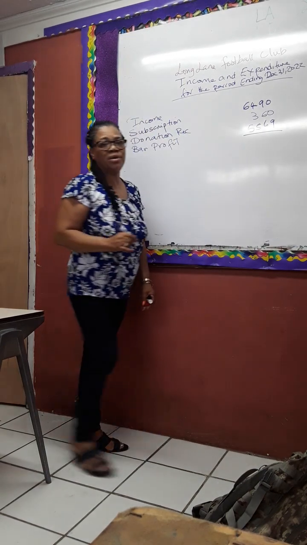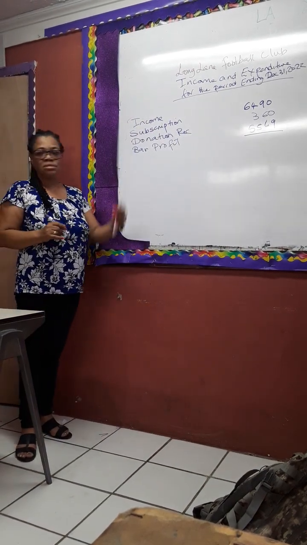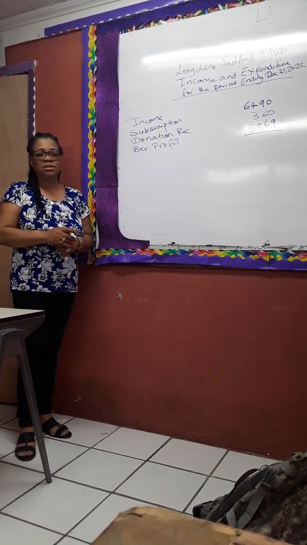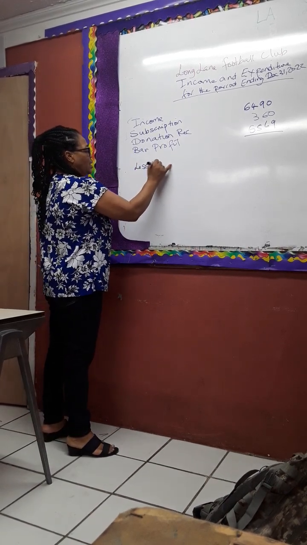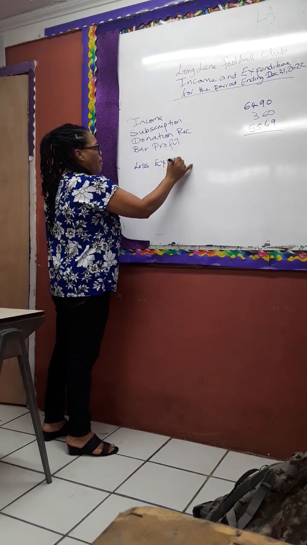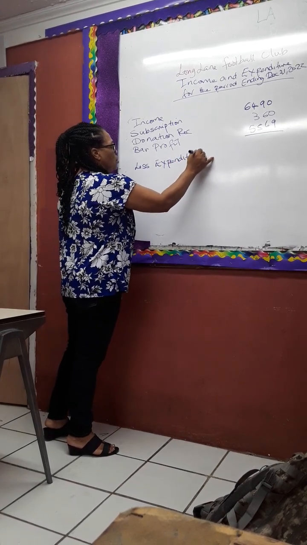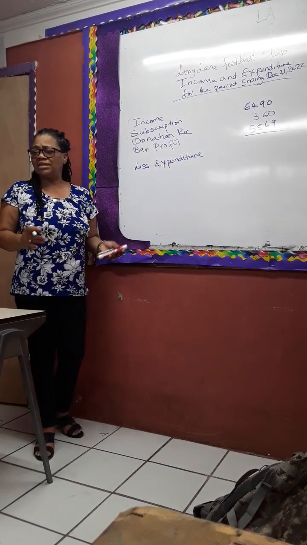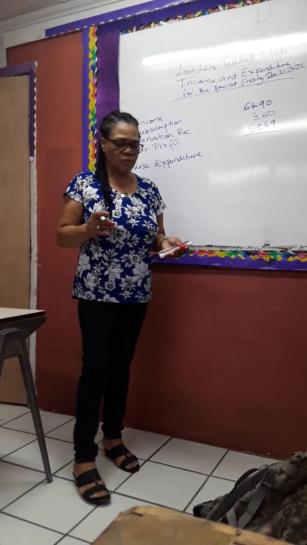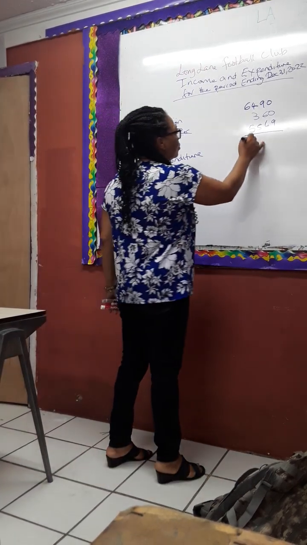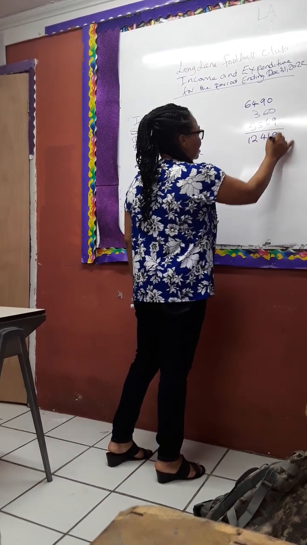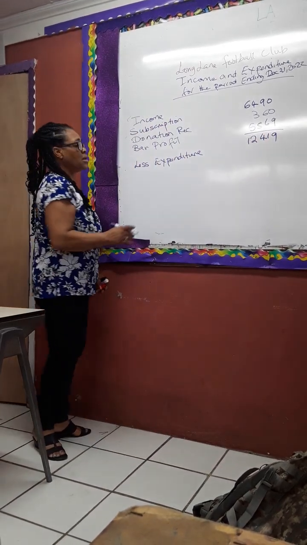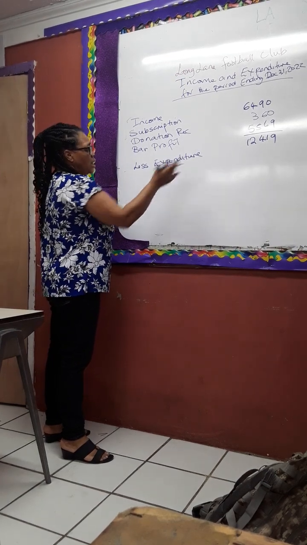All of that will have been my income. Calculator, tally my income please. 12,419. Okay, so that would have been my income.